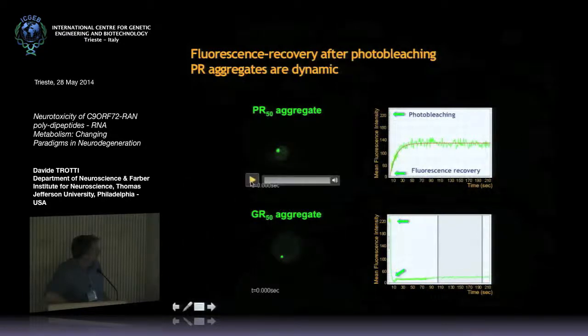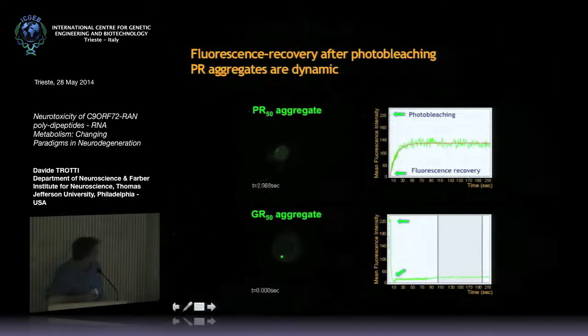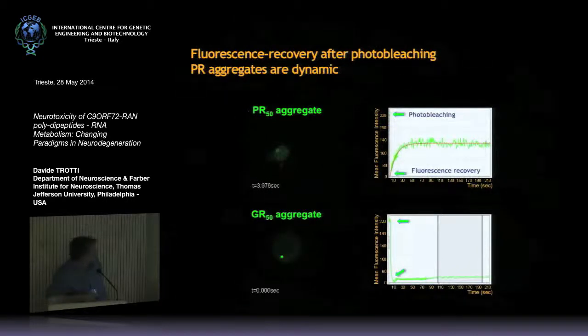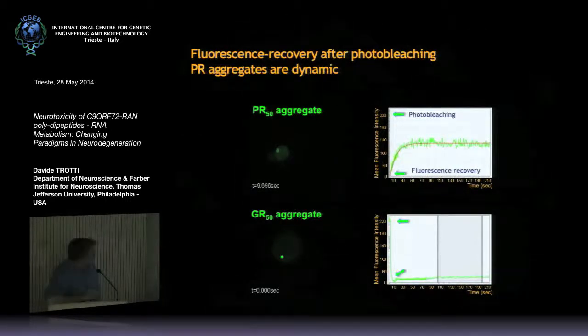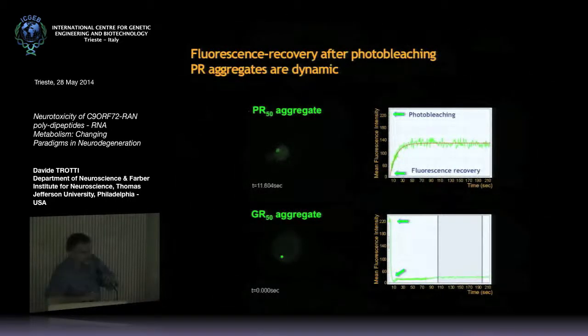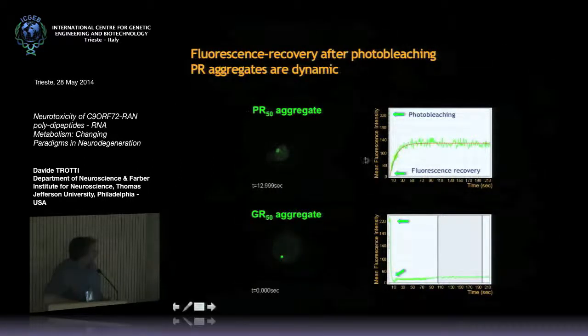That's quite remarkable. You can see now it's photobleached, and then as time goes on, it comes back. That's a very surprising observation. You wouldn't expect that from an aggregate, but that's the case. It doesn't recover as much as the full fluorescence that it had, but it comes back pretty quickly.